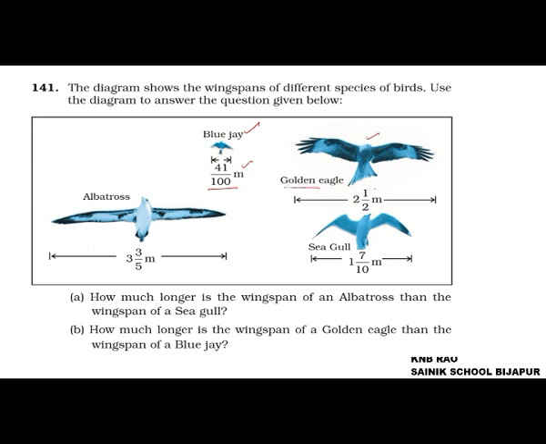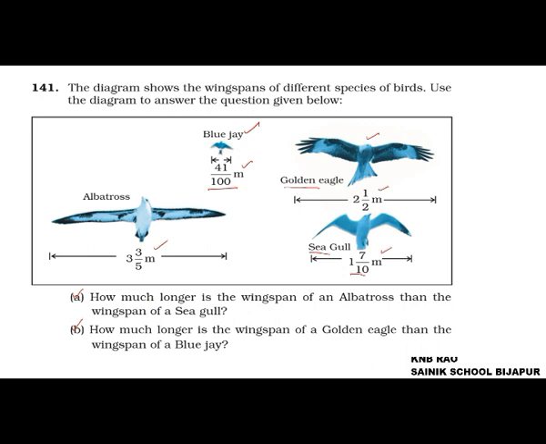Again, its wingspan is given in meters. Third is seagull. Again, its wingspan is given in meters. And last, albatross, and its wingspan is given in meters. Now, with the help of this data, we are asked to find 2 sub-questions. So, we will solve these sub-questions one by one.